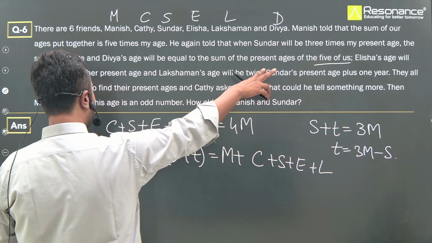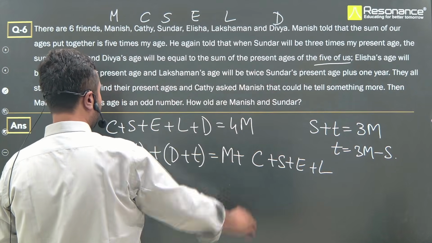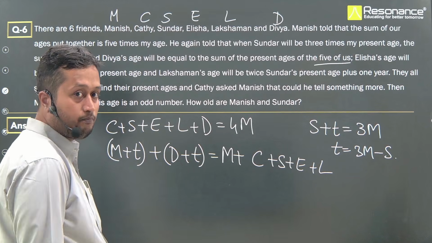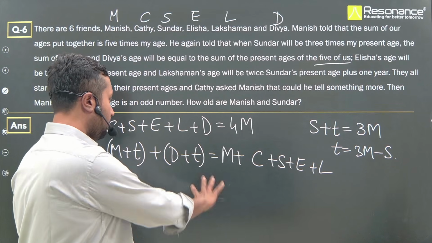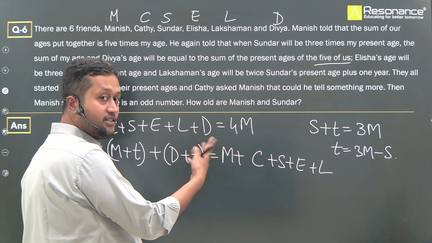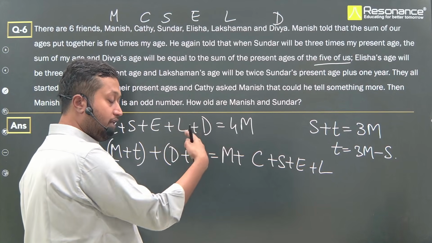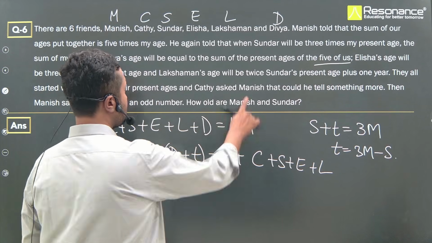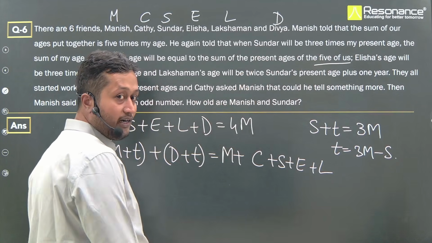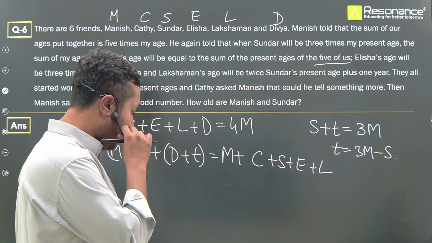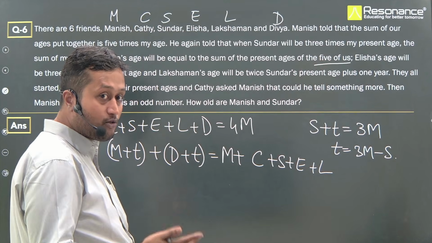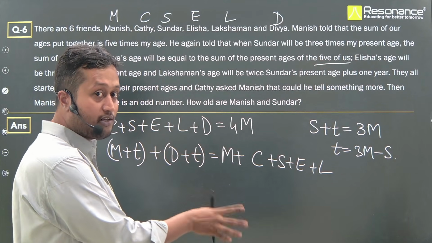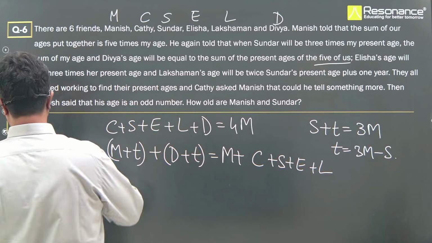Actually, it would have been better if that was more clear, but I think it's fine. Just think about both the possibilities. If Manish is the one excluded, what happens then? Then Divya is excluded, what happens then? You can also wonder, maybe Sundar is the one who's excluded, right? But in that case, I think you'll actually not get any solution. There are no positive solutions for all these ages.